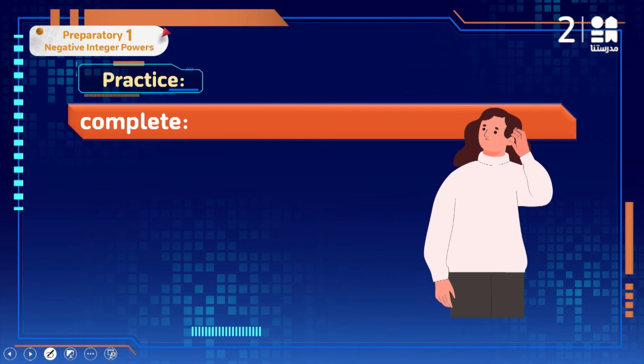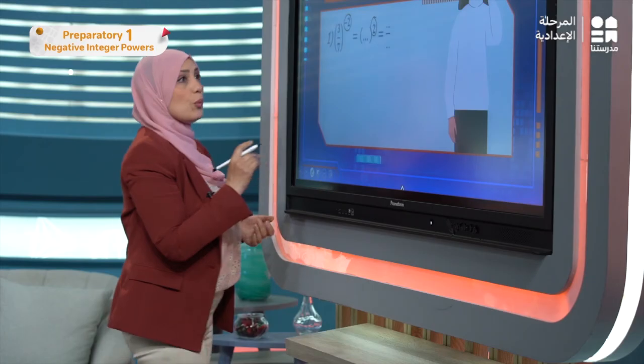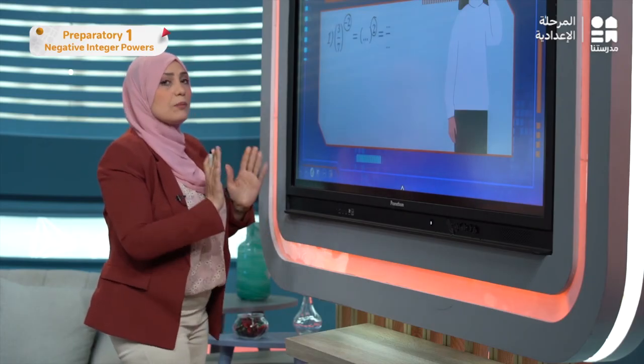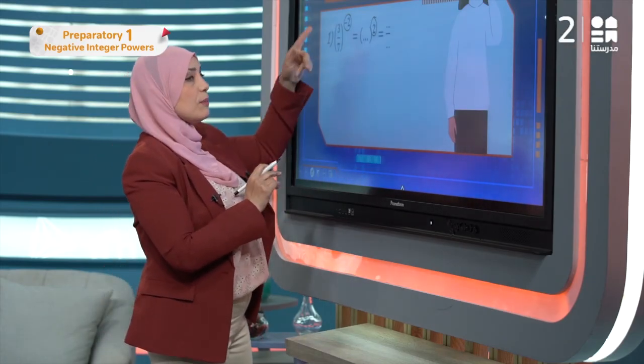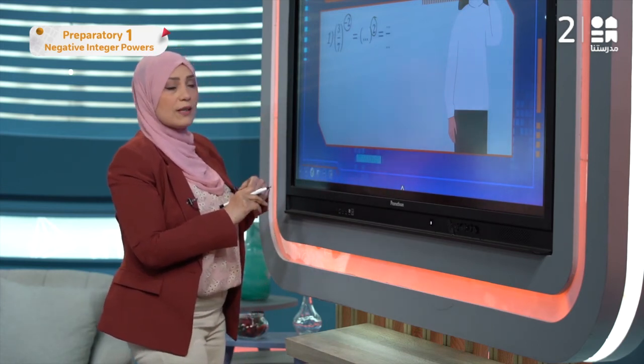Now, another one. Complete. Here, (3 over 7) to the power of negative 2. I changed the exponent. It was negative 2 and it becomes 2. We changed the exponent, so immediately we need to flip the fraction or change the position of the numerator and denominator.